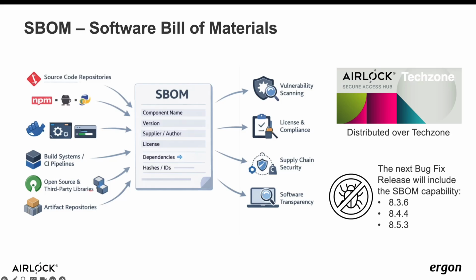And the good news is for customers that don't intend to move to 8.6 very quickly, we're also deploying the SBOM capability to the next round of bug fix releases. So sometime this year, you'll be seeing SBOM on the download page for 8.3.6, 8.4.4, and 8.5.3.